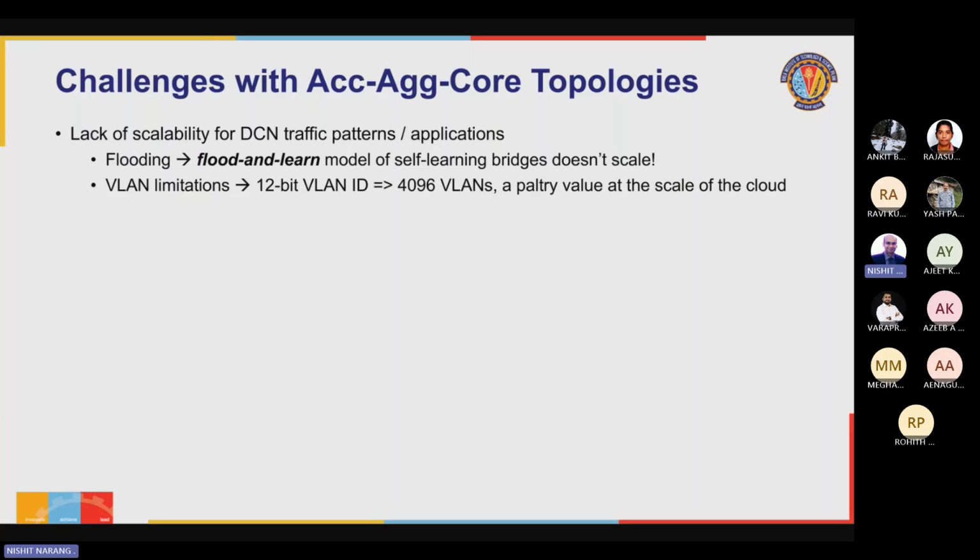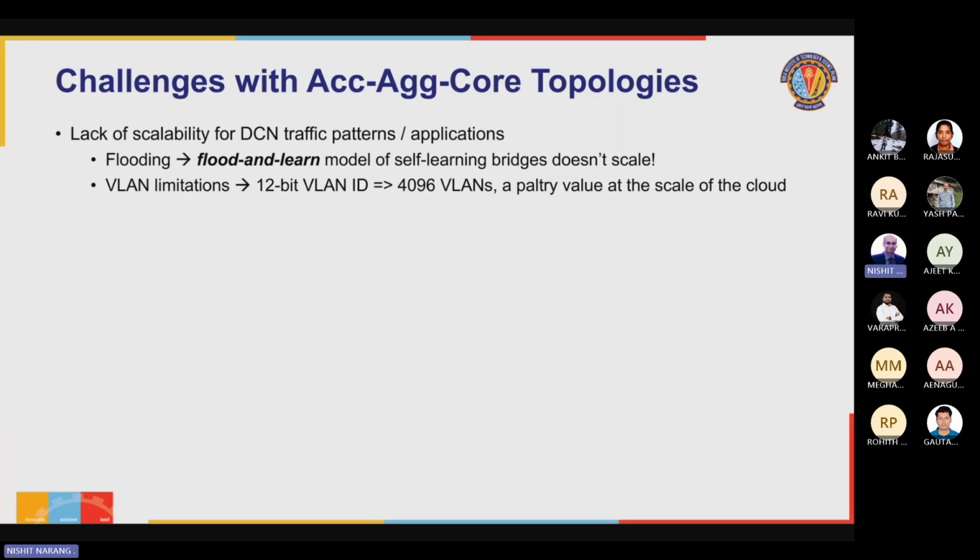So if I look at modern data center networks, which are catering to cloud computing environments, and if I try to use a modern data center network with an access aggregation core topology, one, the number of servers will be huge. I'll keep going back to that Google video. Pictorially, we have a picture in mind as to how many servers there were in that Google data center. Thousands of them. Right? So one, the flood and learn model will not scale.